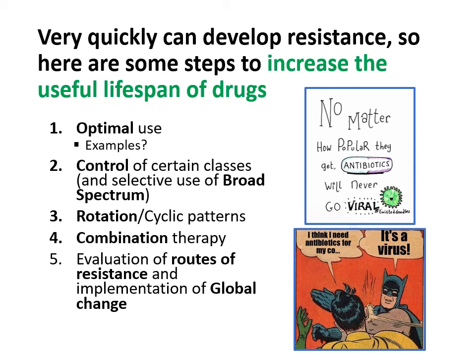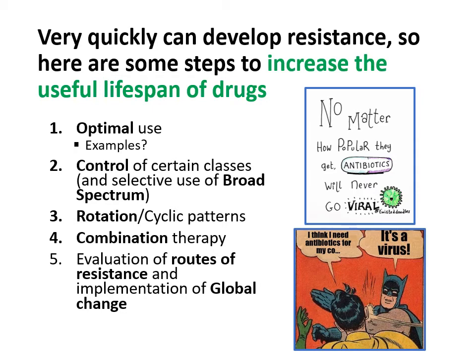The next one's a little counterintuitive, compared to something that we just said a minute ago. One of the things they do to increase the useful lifespan of drugs or antibiotics is combination therapy. And what that means is they may give a patient a cocktail of different antibiotics. Now, I know that kind of makes you think, well, I thought we were supposed to be limiting the amount of antibiotics.